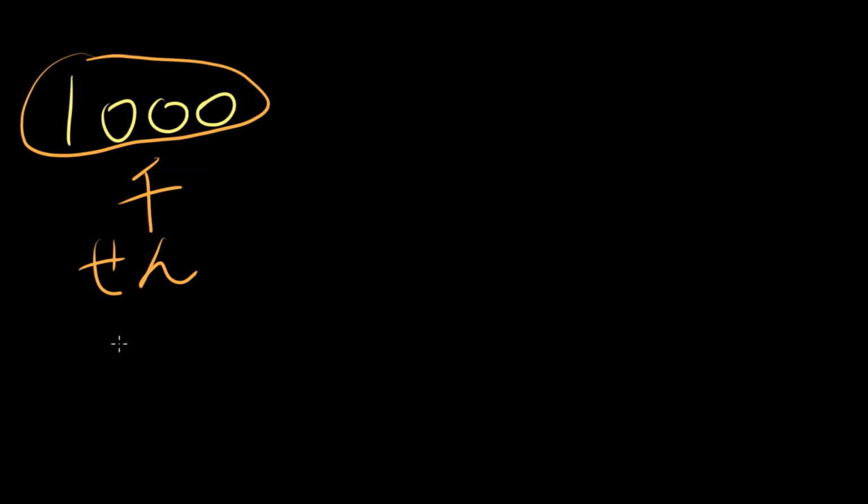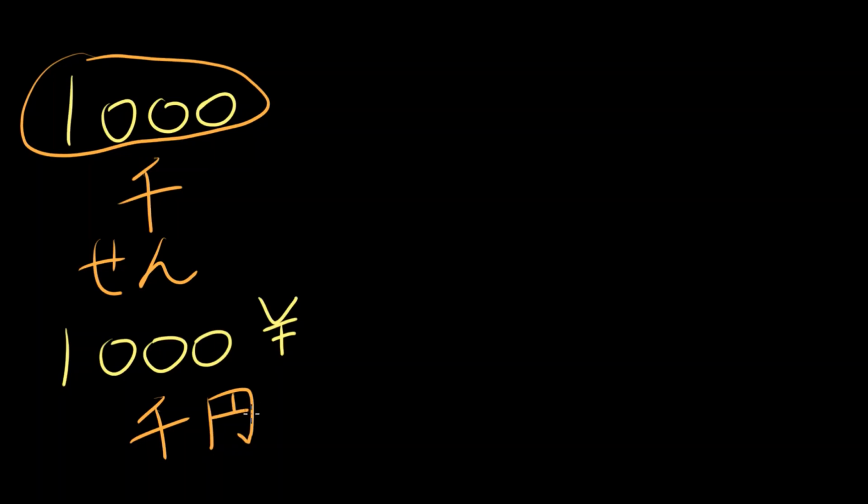For example, if something was 1,000 yen, you would just say sen en. Yen in Japanese is en. So there's a 1,000 yen note, and that's just sen en.